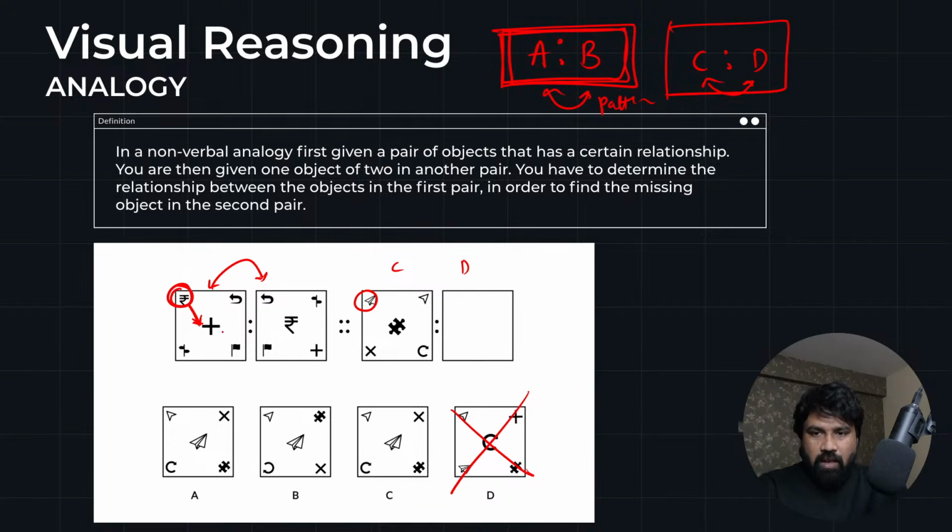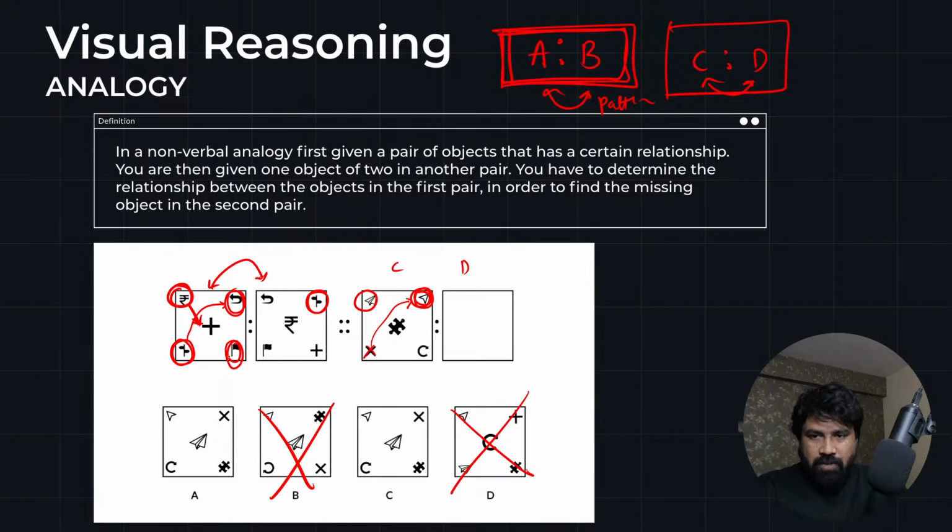Okay. Left bottom went to the opposite direction. Right. Left bottom went to the opposite direction. So the multiply mark will go to the top right corner. So option B also is not my answer.